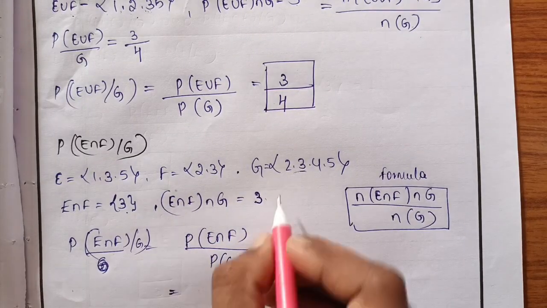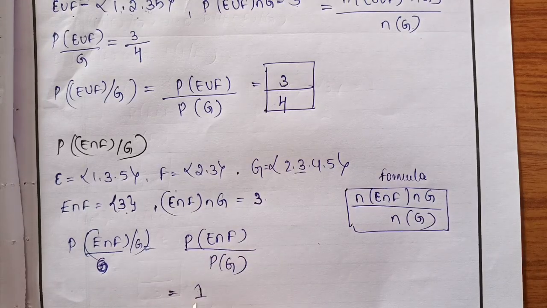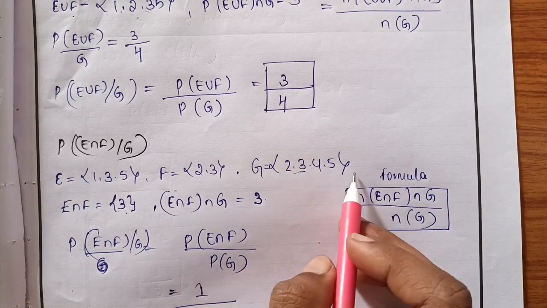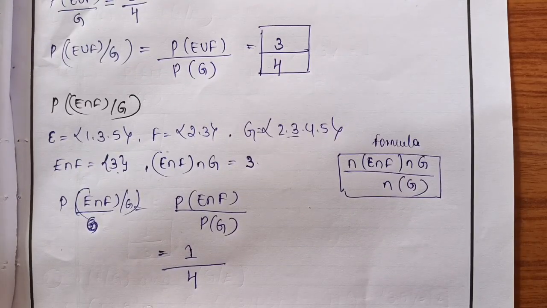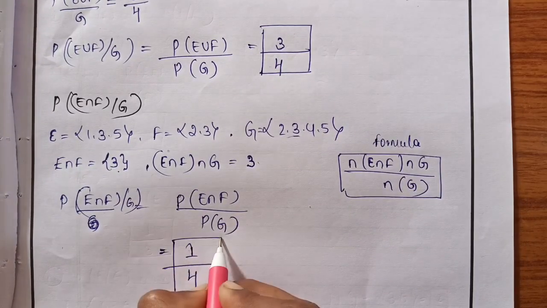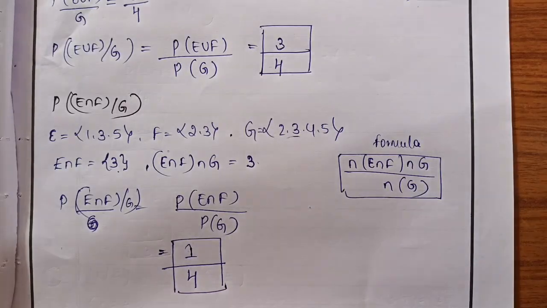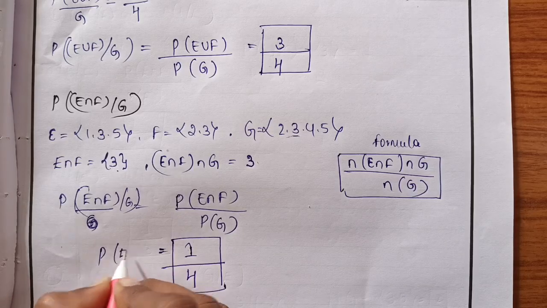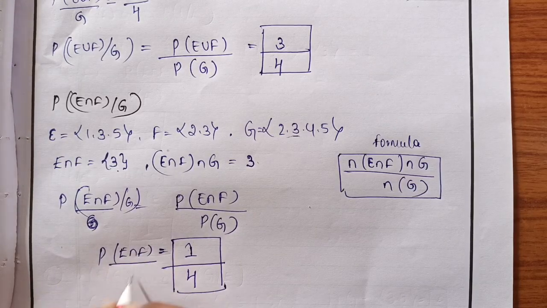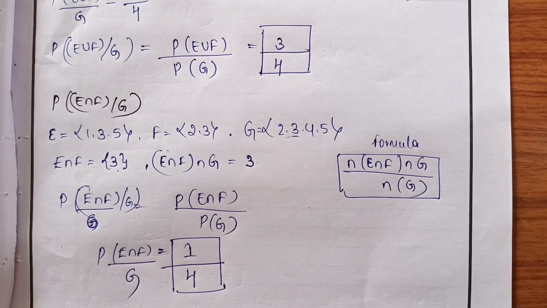It is 1 element divided by the number of elements in G, which is 4. So 1/4. The answer is 1/4.